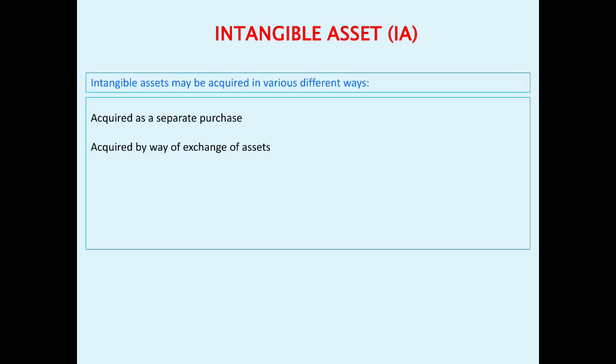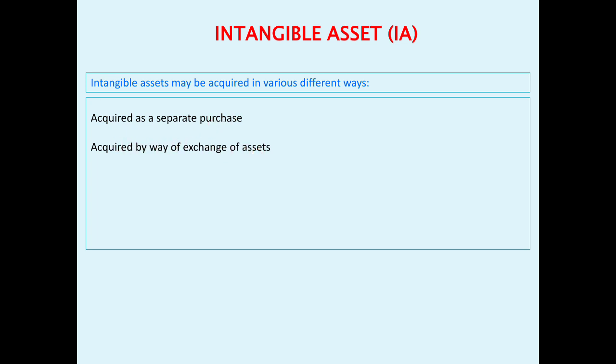Now, intangible assets may be acquired in two ways. Number one, you can buy it normally, for example, the intangible asset costs 100,000 Rand and I buy it. Number two, you can acquire it by an exchange of assets.